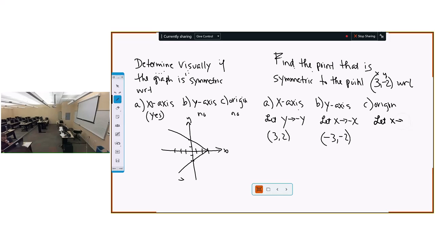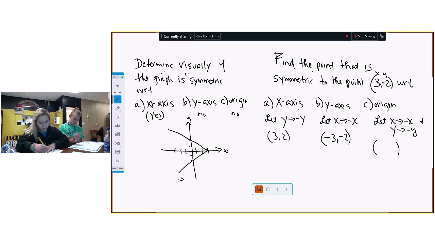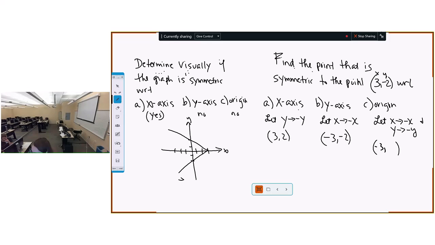You let x go to a -x and y go to a -y. So that's going to be the 3 changes sign to a -3. The -2 changes the sign to a +2. That's easy, isn't it? You wouldn't believe how many people miss that on the test.